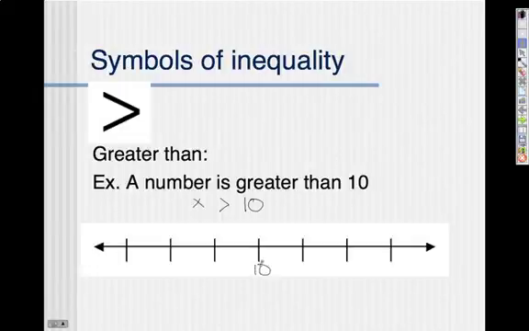So 10 in the middle, numbers less than 10 to the left, numbers greater than 10 to the right. Open circle at 10, and we can see our arrow is pointing to the right, and that makes sense because 11, 12, and 13 are numbers that are greater than 10.